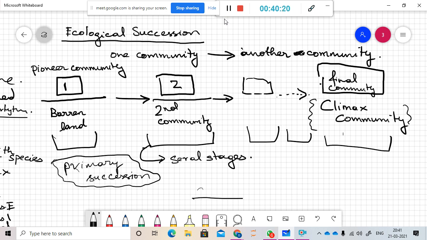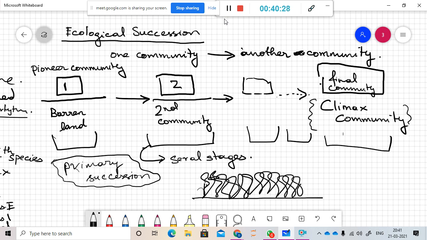So you had a forest over here. Suddenly, in this region, this part got cleared up, and what you have left is blank.